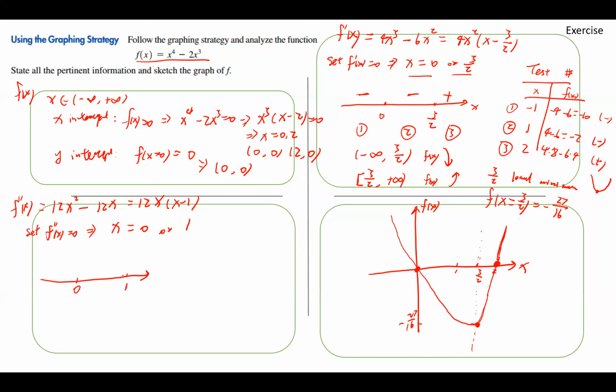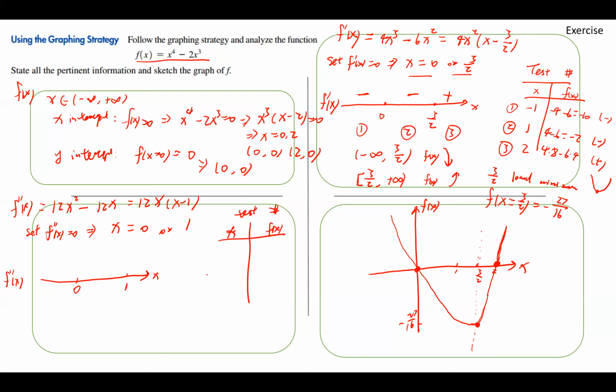So now this is again x. This is what we are looking at. This is f''(x). And by the way, this is f'(x), the first derivative. Now again, let's use the test numbers. We have x, and we have f(x).